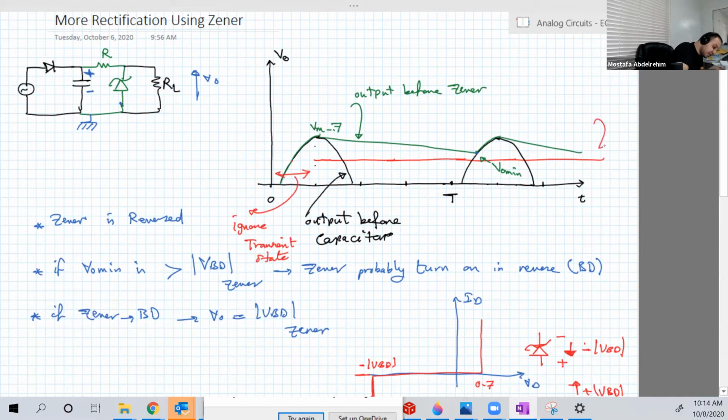And this is the steady state output, equal to this value here, which is V breakdown of the Zener. Okay.